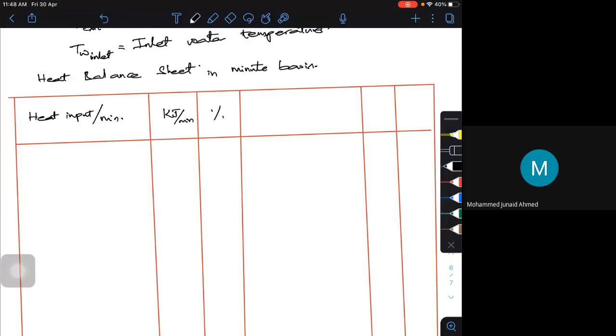Then heat utilization per minute. This is also in kilojoules per minute and percentage. So I'm going to prepare a table something like this.